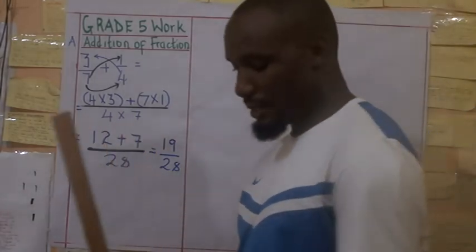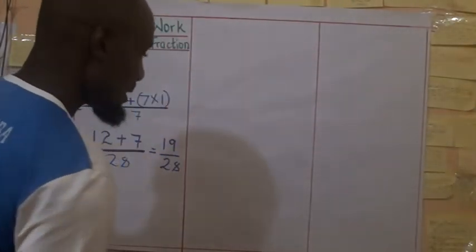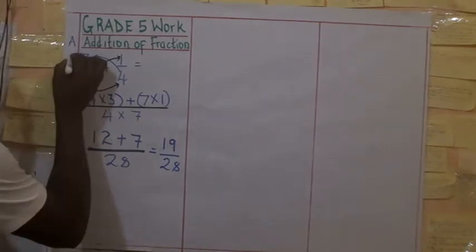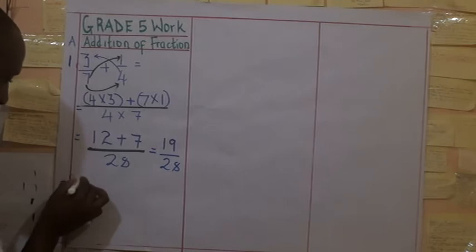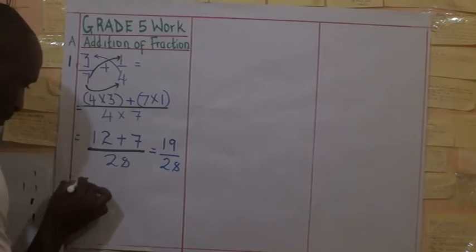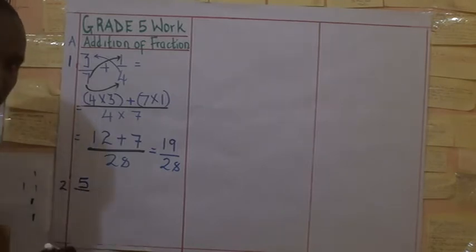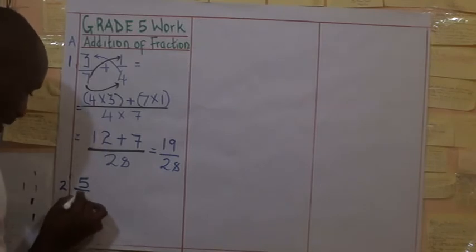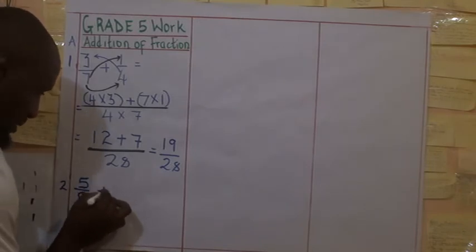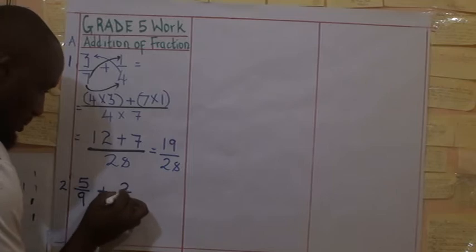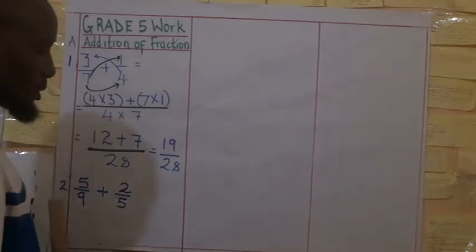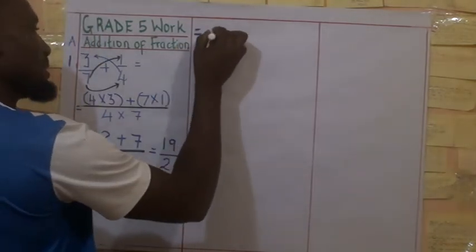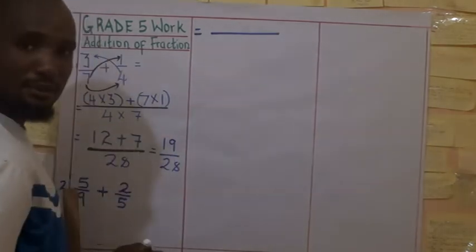Now, let's try another one. This was number 1. Number 2 can be 5 over 9 plus 2 over 5. I've said step number 1 is make that line.